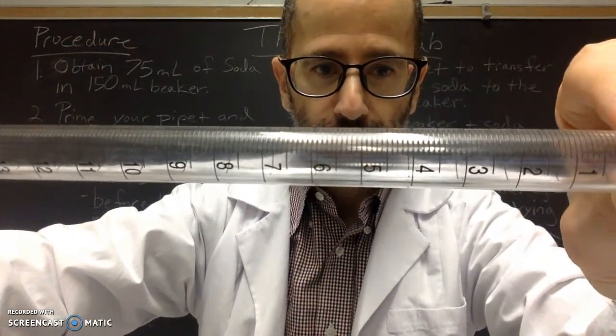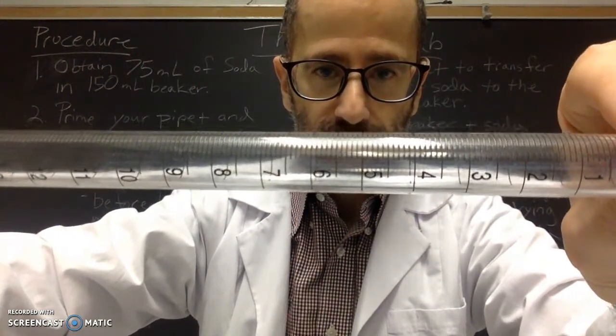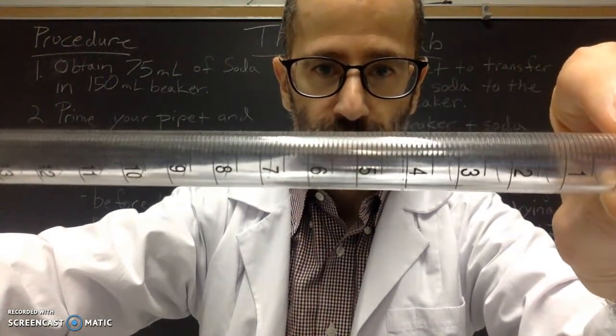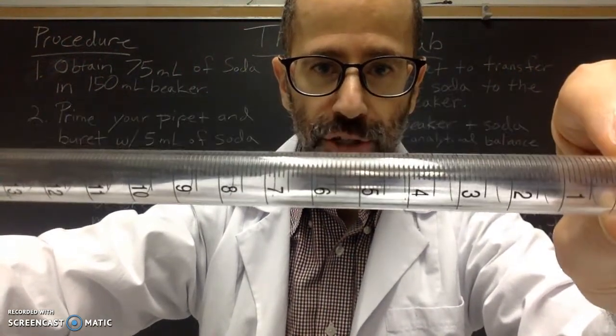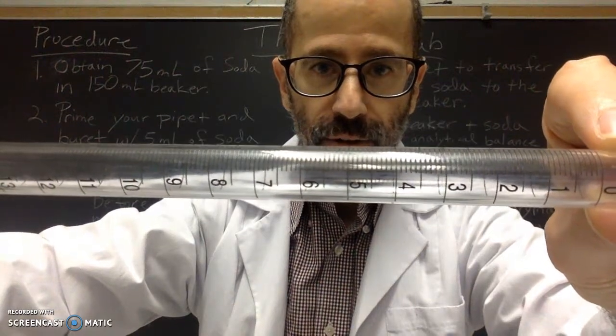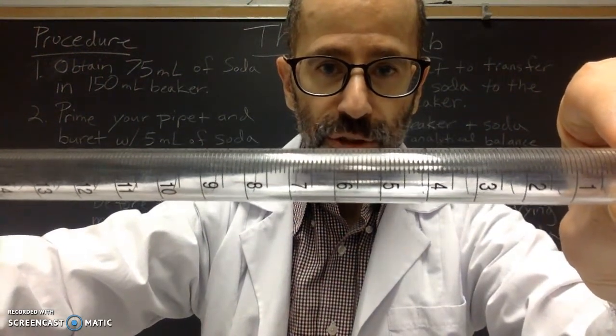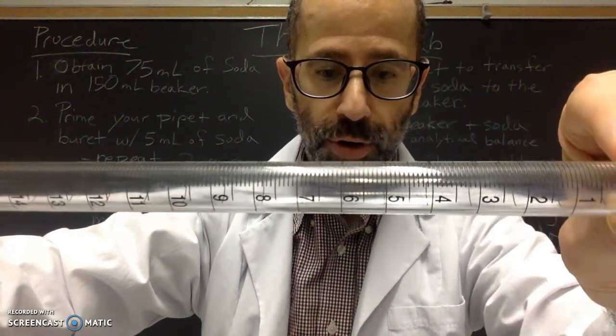That means that if your meniscus is between the lines, you're allowed to estimate 1 decimal place over. So your burette is going to measure to 2 decimal places.